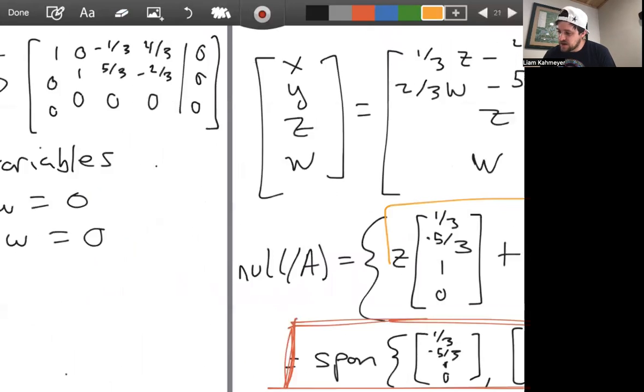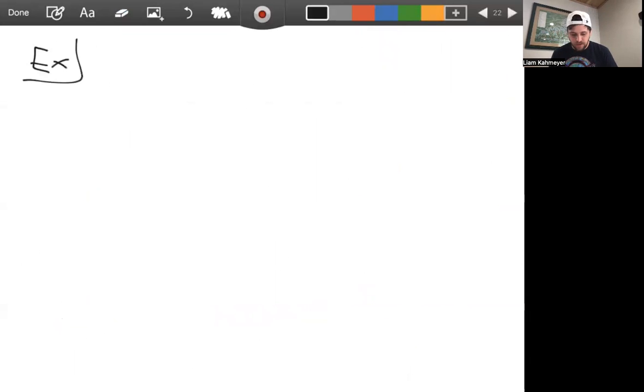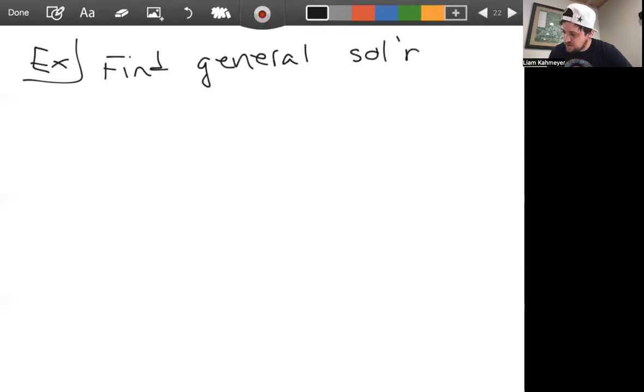So let's look at an example that piggybacks off of the one we've just done. Let's say we want to find the general solution to the following system of equations. We'll write this system as a product of matrices.